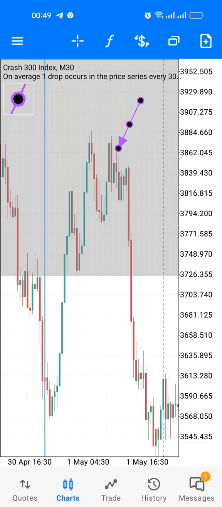It drops, release, rejection, drops, back. So it is making equal lows here. You can see it is making equal lows here.